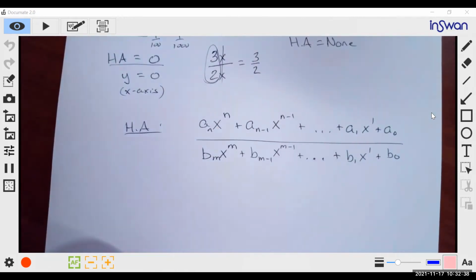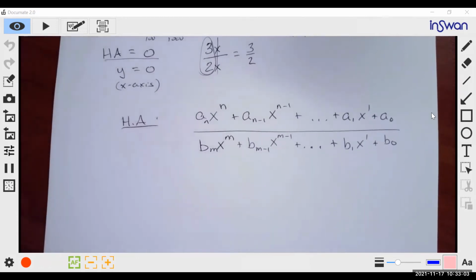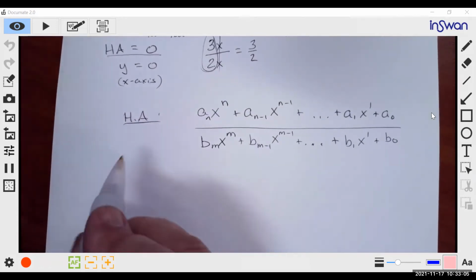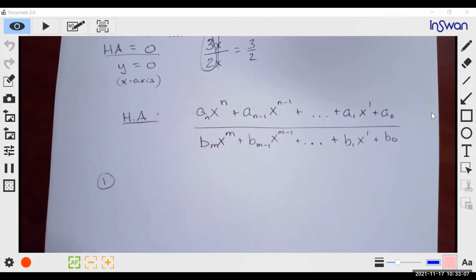On the bottom, I have x to the power m. So here are our 3 possibilities.